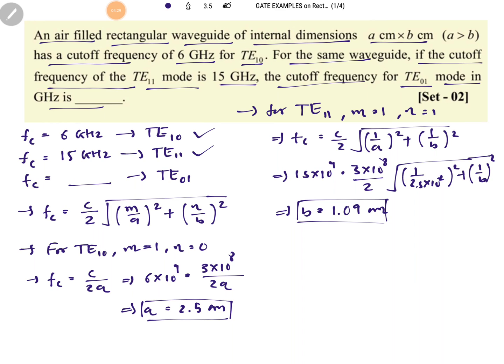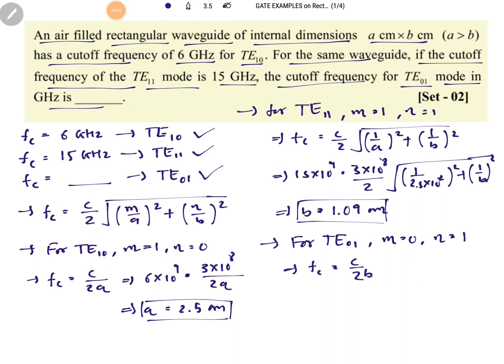Once we have the values of a and b, we can go for the third case, which will give our answer. For TE01 mode, you have m equal to 0 and n equal to 1. So fc is c by 2 into, if you substitute m as 0, the square root term results in 1 by b.